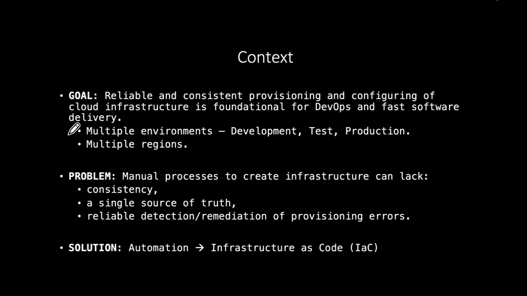Or maybe you want to deploy it to multiple regions because you anticipate that your application's user base will be distributed globally. And so, in order to give users a good experience from a latency point of view, you would want to deploy your application to multiple regions.